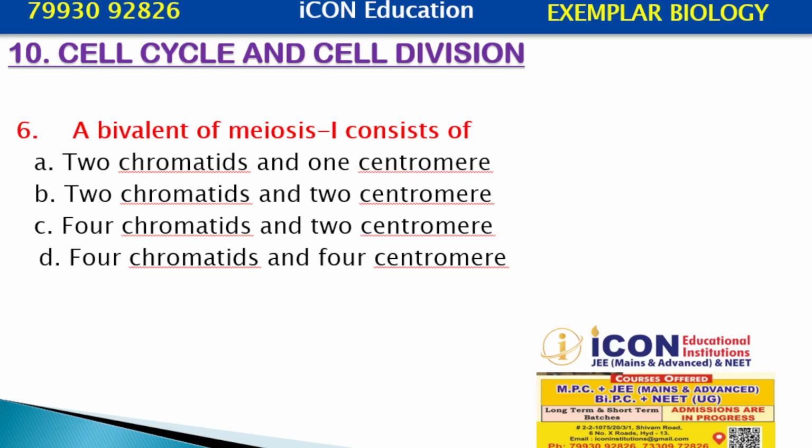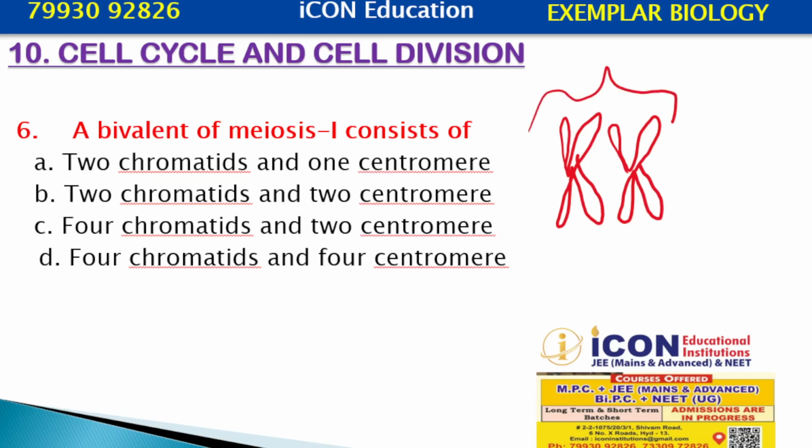Question number 6. A bivalent of meiosis-I consists of. We know that bivalent is formed during zygotene. So what is a bivalent? This pair of homologous chromosomes is called a bivalent. So a bivalent of meiosis-I consists of 4 chromatids and 2 centromeres.